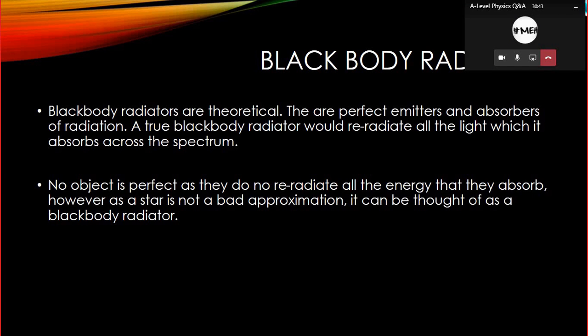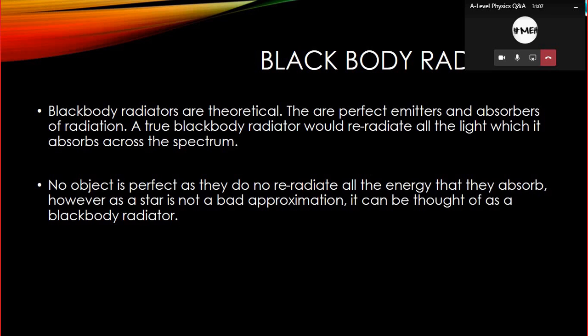Okay, so for those of us who didn't do triple at GCSE, we need to understand what a blackbody radiator is. A blackbody is, well, I guess it's obvious, something that is perfectly black. So if you coat something in Vantablack, then it's pretty close to being a black body. Basically, it absorbs all of the light that hits it.